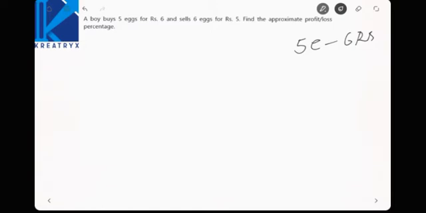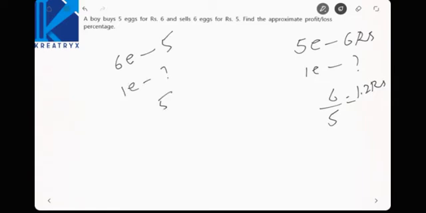Now 1 egg cost him how much? 6 by 5, and that is nothing but equal to 1.2 rupees. Each egg cost him 1.2 rupees. Now he sold 6 eggs for 5 rupees. Now 1 egg will sell for 5 by 6, and that is nothing but equal to 0.8.